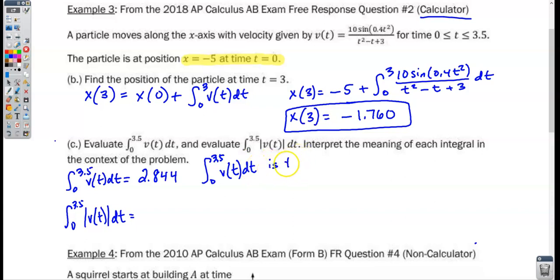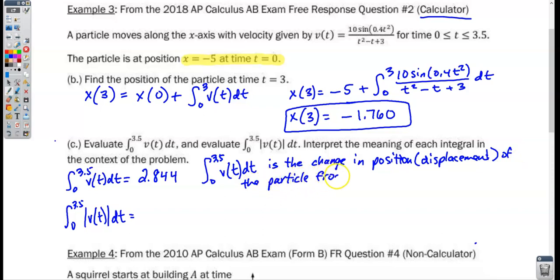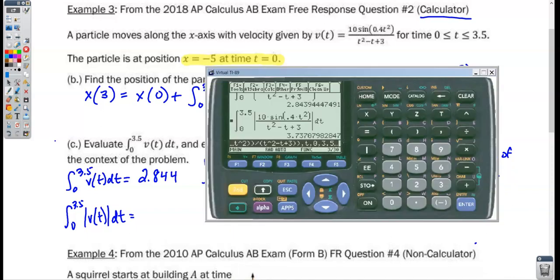Okay, is the change in position or displacement of the particle from time t equals 0 to t equals 5. And I don't have any units for distance or time here, so I can't include any units in my interpretation. See if my calculated value's there yet.